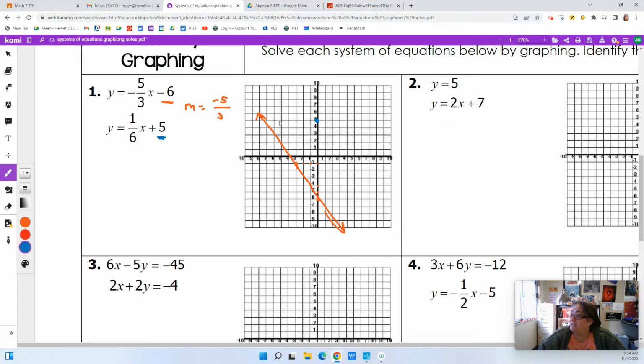The reason I'm picking down 1, -6 is because this line is supposed to go right through this point. And that is where they are going to intersect. I'm able to find this solution. If I were to draw this straight, I would have found this point right here where they both intersect, which is at -6.